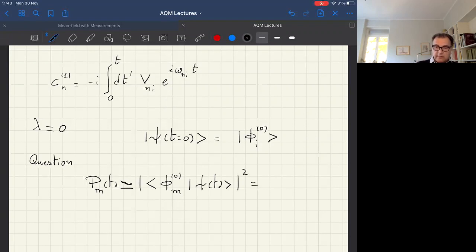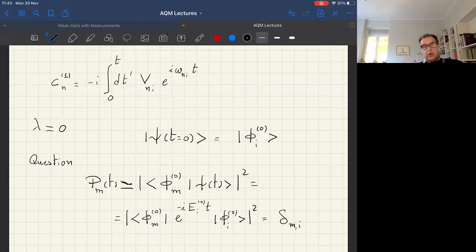If I substitute the solution for psi of t, this is equal to phi 0 of M e to the minus I E0 of I t phi 0 of I, and this is just delta M I. So the probability to find the system in the state I is 1.